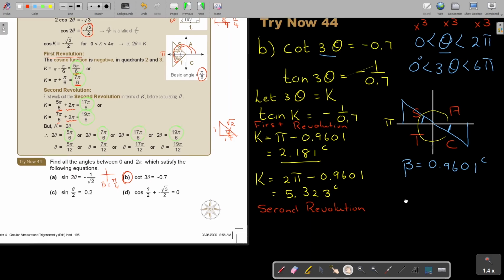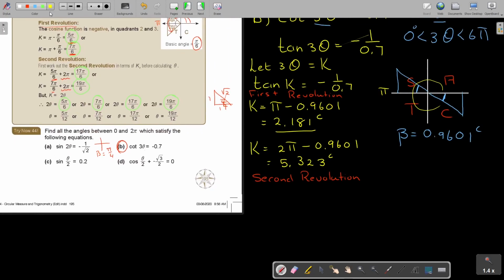Okay, so basically I'm going to keep k, and I'm going to take 2.181 and add 2 pi. So it's 2 multiply shift pi equals plus 2.181.